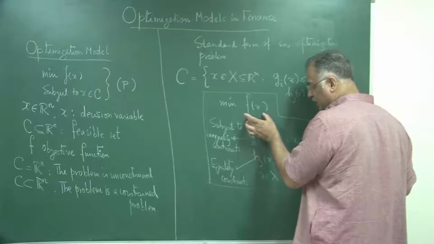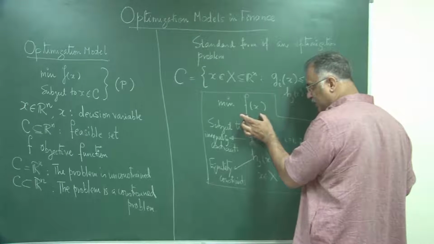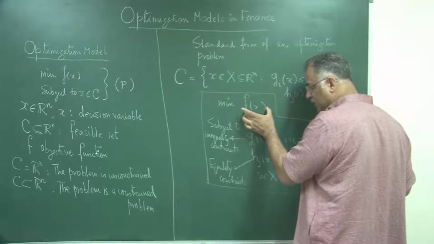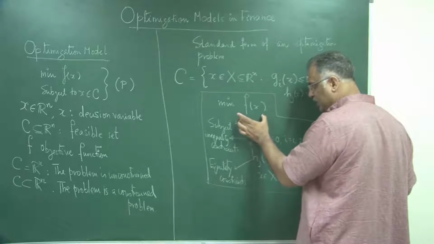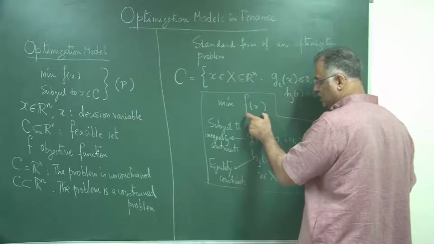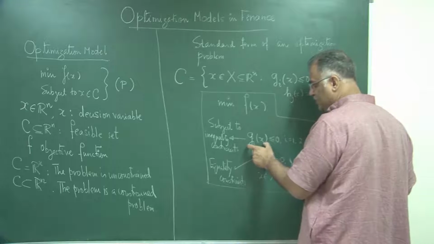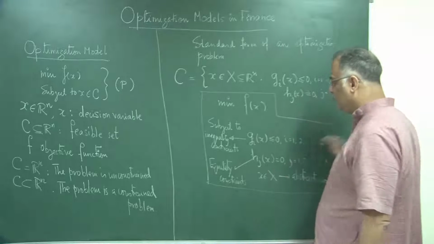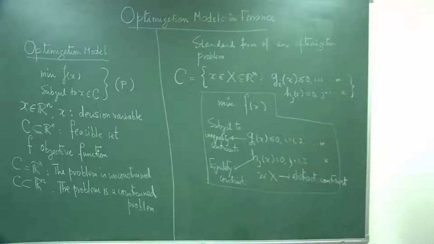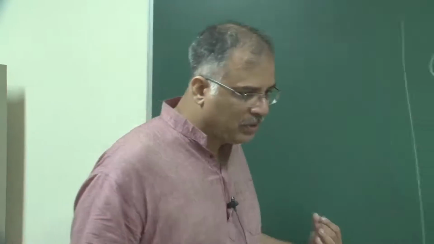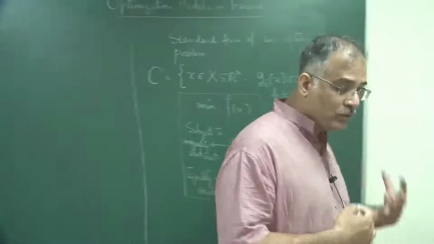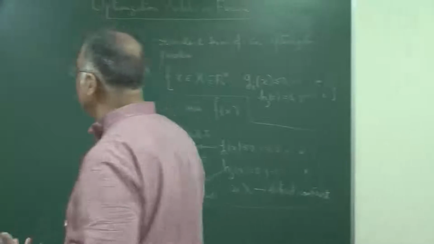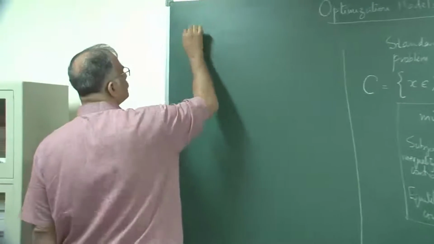So here, by choosing very particular type of f, very particular type of g, very particular type of h, very particular type of X, we go to certain special classes of problems. The type of problem which the finance world usually deals with is called a convex optimization problem.